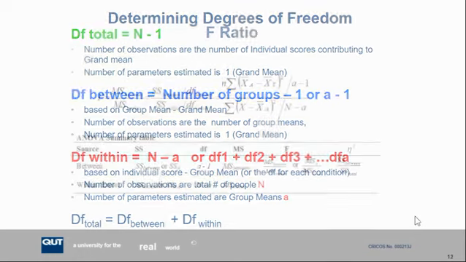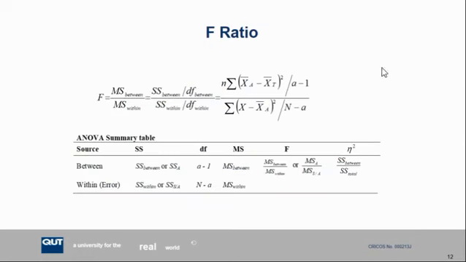Okay, so as we move then to our F ratio, we simply express this as MS between over MS within. That's the foundation of our F ratio. The variance that's due to the effect over the variance that's due to error. To calculate that, we base that on our sums of squares between divided by our degrees of freedom between, and our sums of squares within divided by our degrees of freedom within.